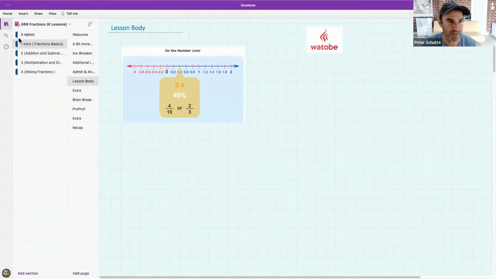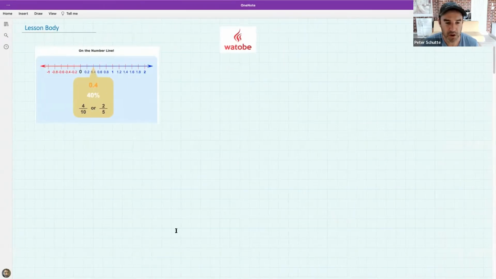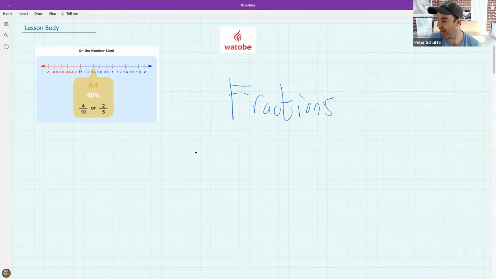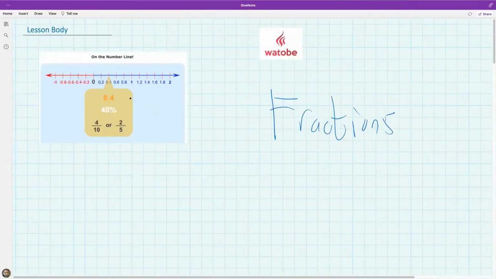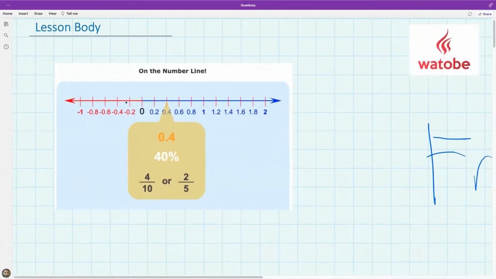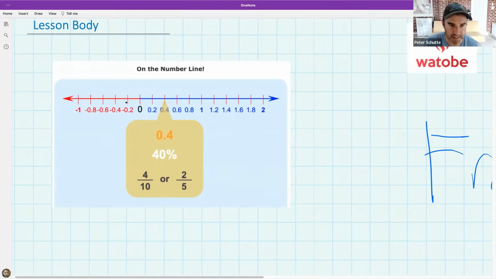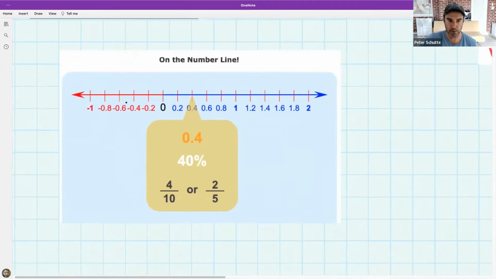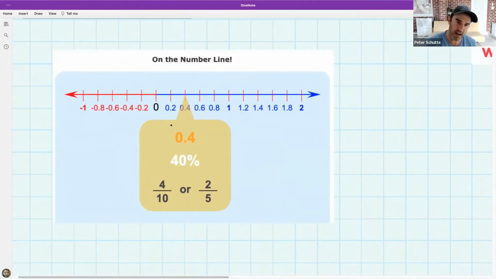Let's get going. Okay, so what I want to do is talk to you about the topic of fractions. And I have in front of me a number line. And a number line was a big deal in the last lesson. Now, I want you to put in the chat, what type of fraction is 0.4?